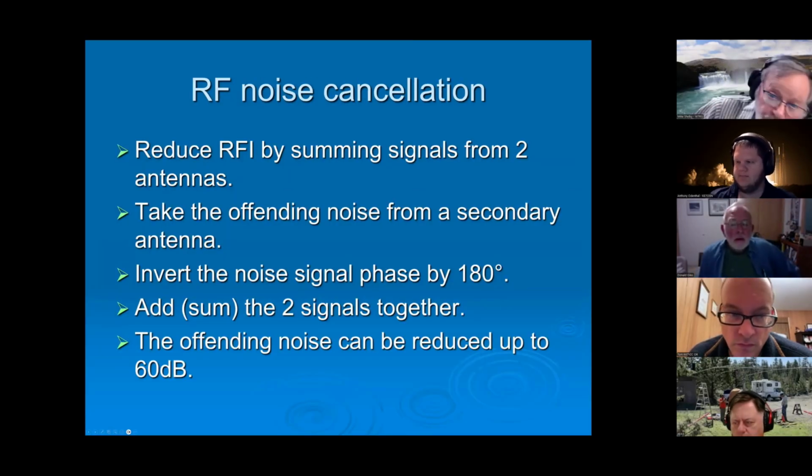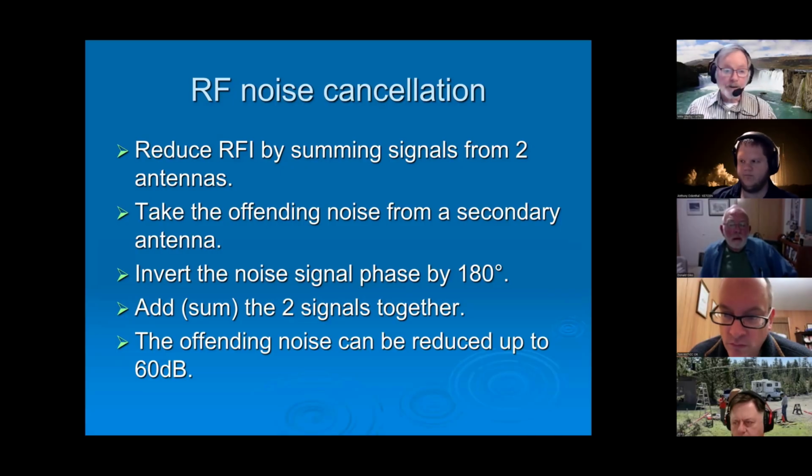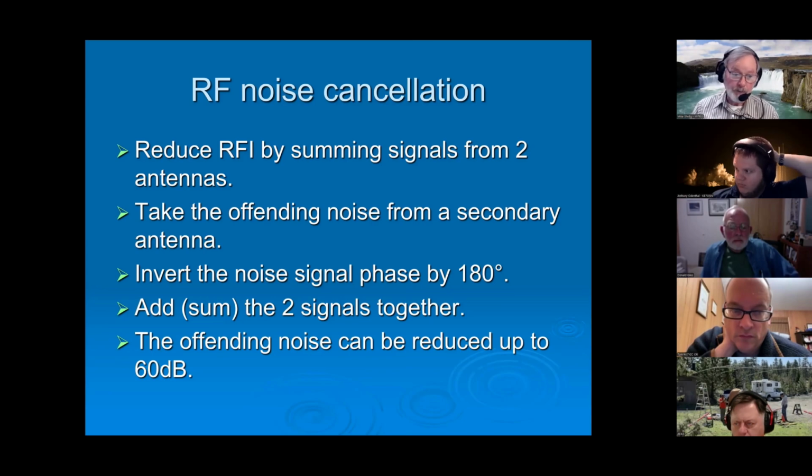So noise cancellation mainly reduces the RF by summing signals from two different antennas, and these antennas have different purposes. You take the offending noise, that's that sensing antenna, from a secondary antenna, and we'll talk a lot more in detail about the secondary antenna and what it needs to do for you.